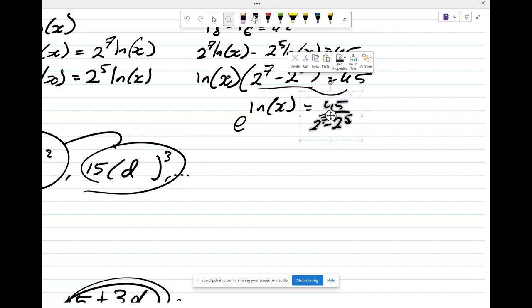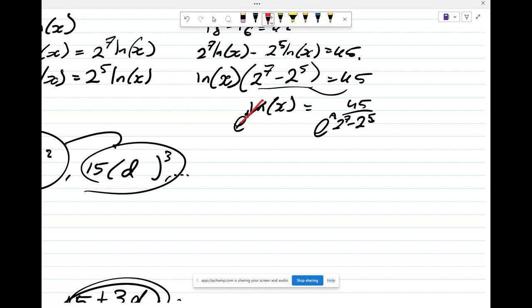So the opposite of ln is e to the power of. These two would cancel, and we'll get x is equal to e to the power of 45 over 2 to the power 7 minus 2 to the power 5, whatever that happens to be.